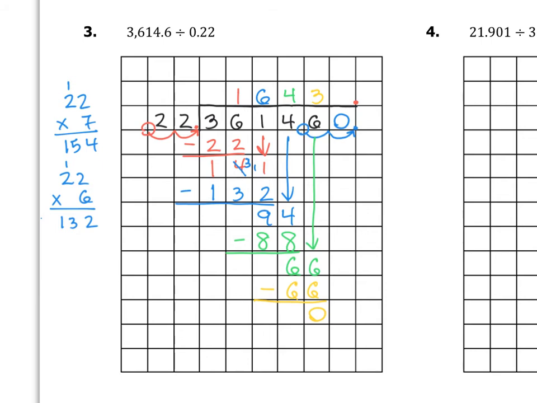Well, 22 goes into 0 times. Even after I bring down this 0 here, this number is still 0. So because 22 goes into 0 times, I just place a 0 in my ones position here. 0 times 22 is 0. And so now when I subtract, I see that I'm done. So my answer here is 16,430, another whole number for my answer.